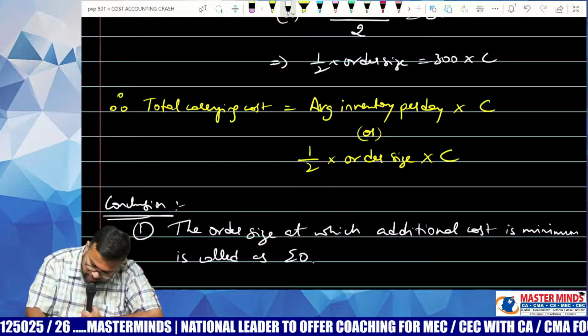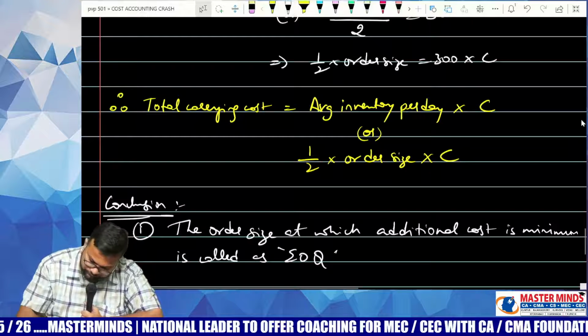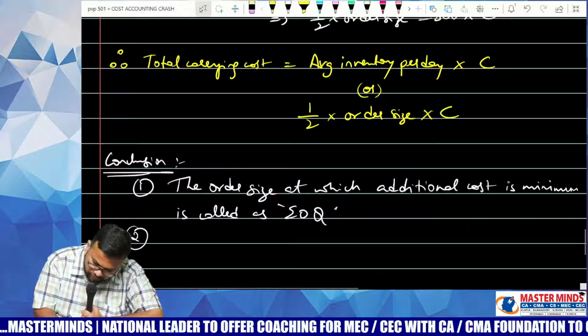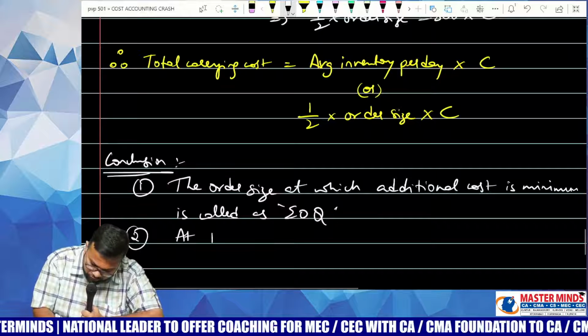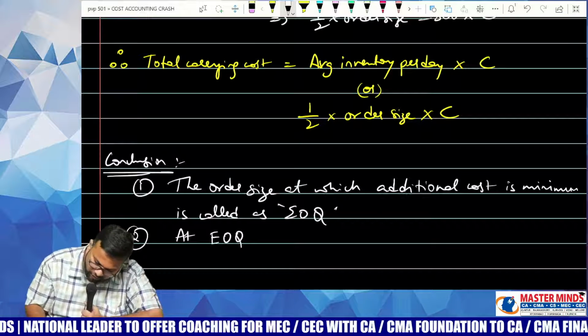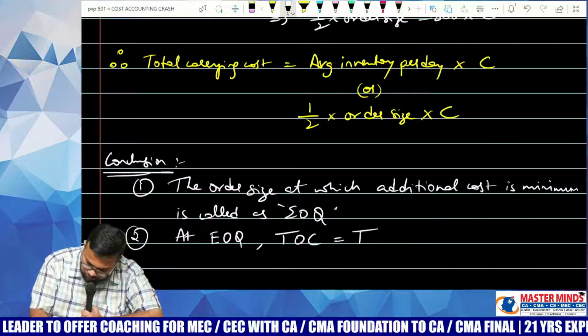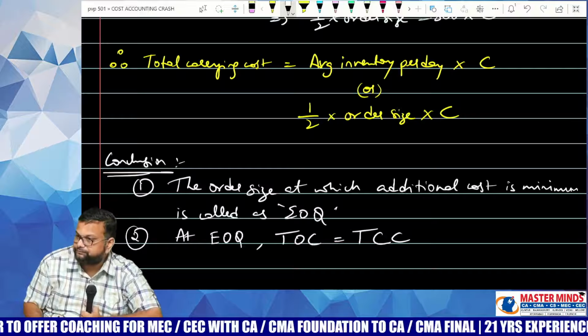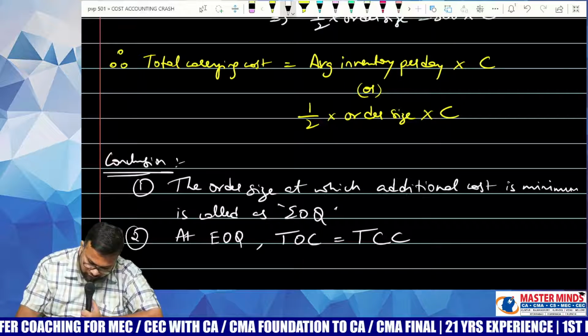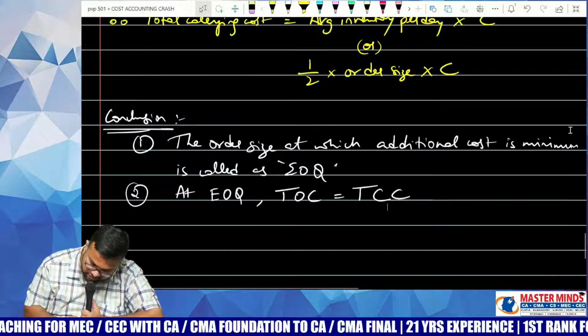Second point, at EOQ, TOC is equal to TCC.